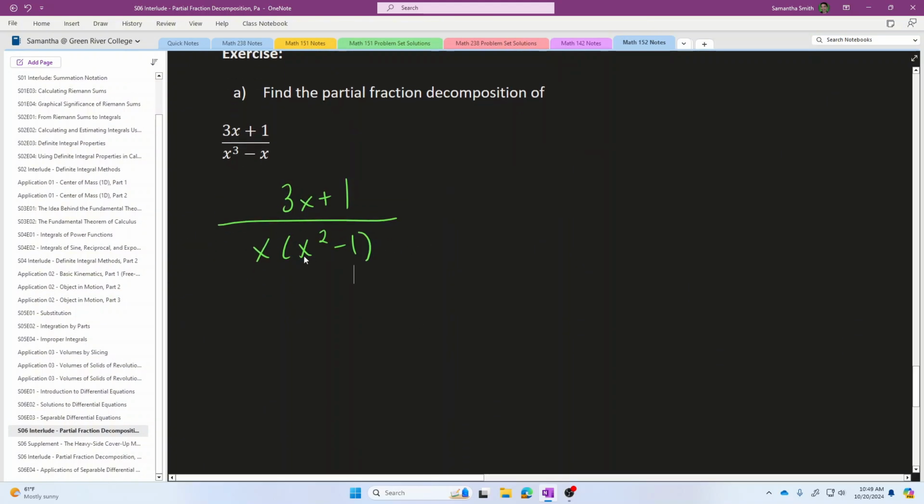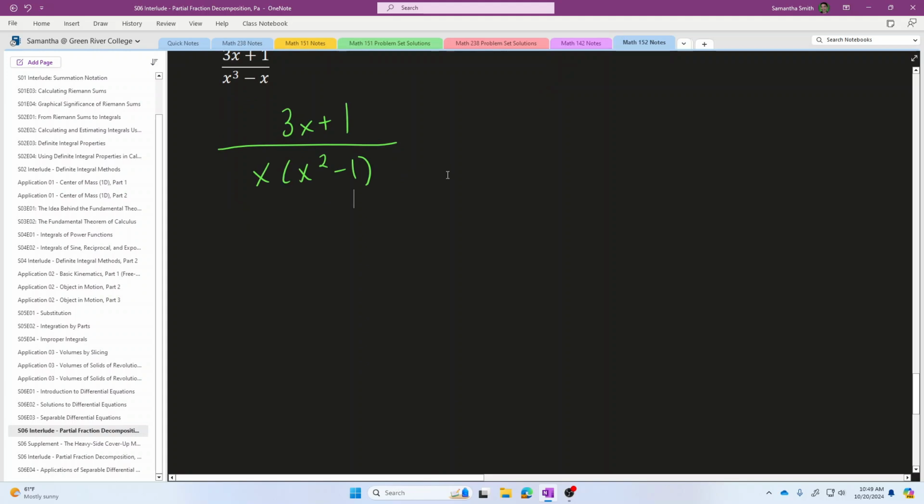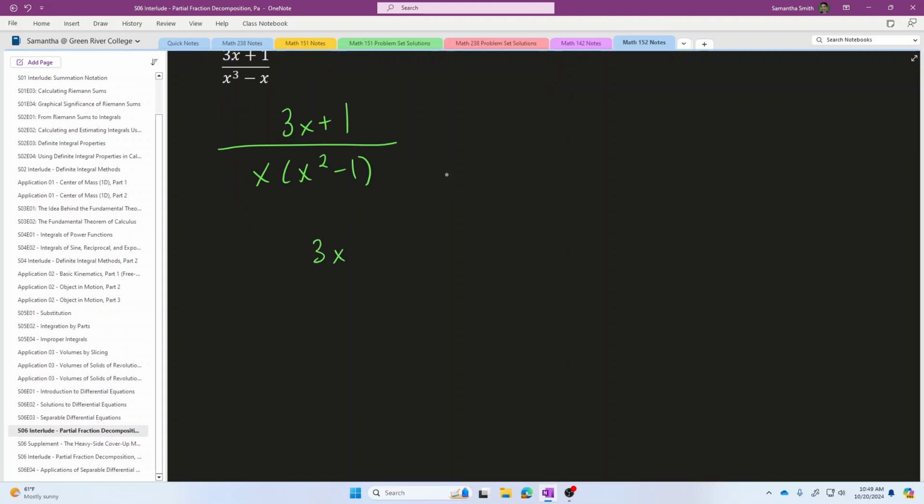And then I see that the thing that has been left behind, x squared minus 1, can be factored further. I acknowledge that as a difference of squares. So I can factor that as x times x minus 1 times x plus 1. Now I have a fraction with 3 different linear factors in the denominator.